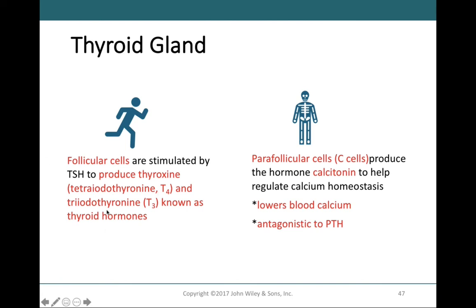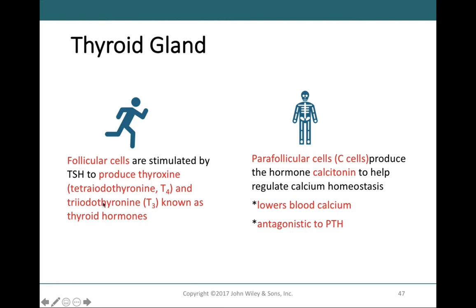Triiodo stands for 3 iodine groups. And that is, in fact, what makes up thyroid hormones. There are going to be iodine groups, and these can be found attached to other amino acids. Tetraiodothyronine, tetra means 4, so this molecule is going to have 4 iodine-containing groups. Thyroxine is another name for tetraiodothyronine, so you're welcome to use each of those names, but I suggest that you know both of them, because I'll often use this one.